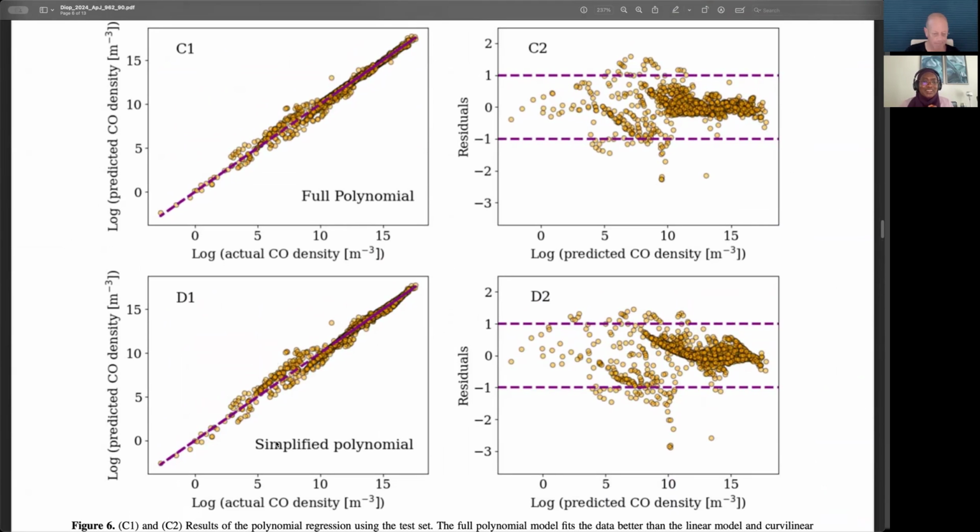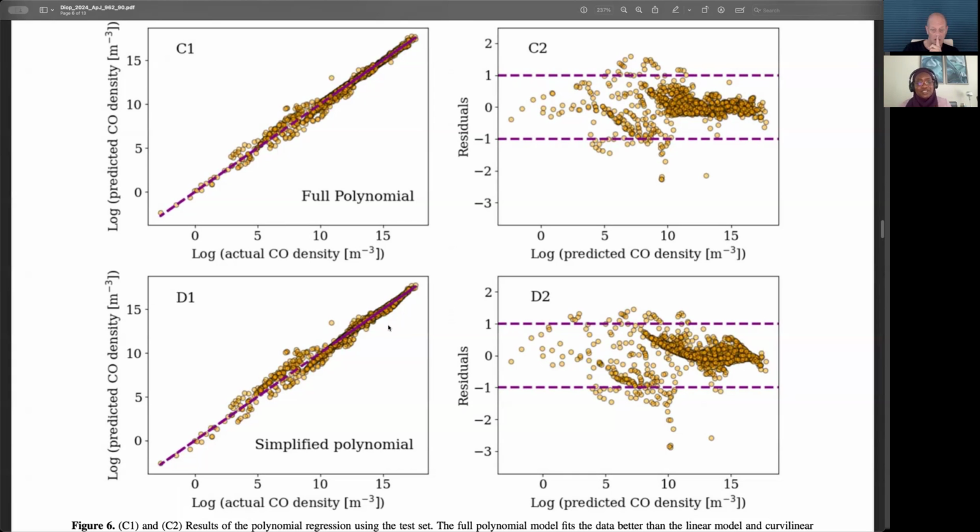We're showing again the comparison between the predicted and the actual. We're still doing a good job, although the full polynomial is doing a much better job. But with the simplified polynomial, we have less multicollinearity going on, and we can trust the coefficients more as compared to the full polynomial, and we still are doing better than the linear model.